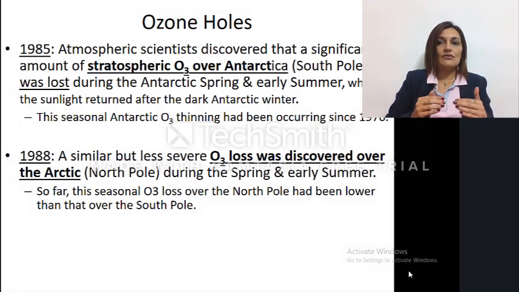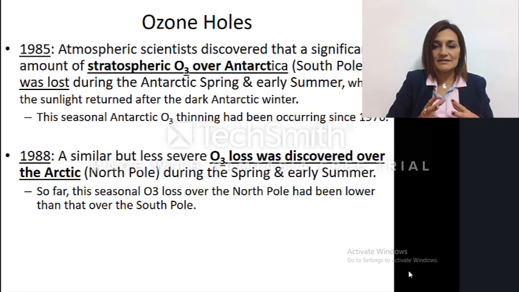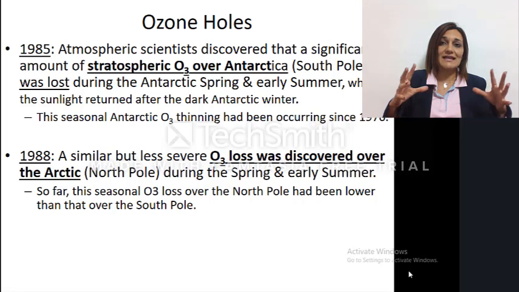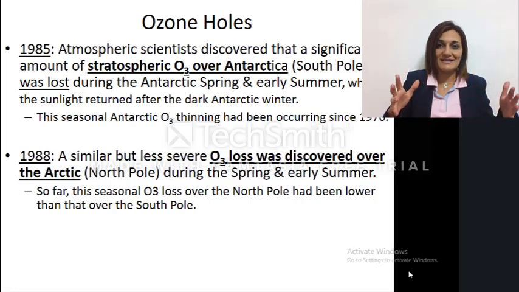Over the South Pole, the Antarctica, the first significant ozone loss was discovered back in 1985. This was mainly during spring and early summer, so it is discovered on a seasonal basis. Why do you think so? Remember, above the poles we have mainly two seasons, and each is quite long, up to 6 months.